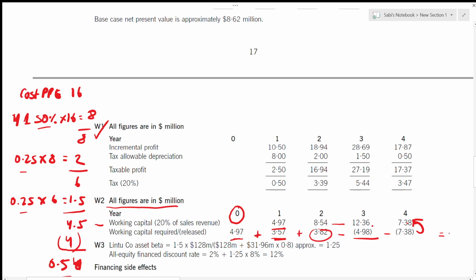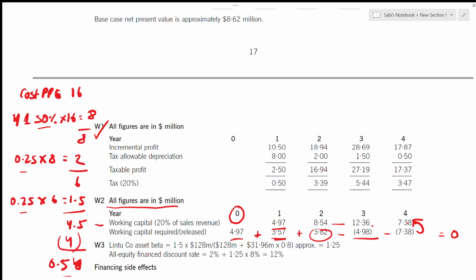Finally, you should be getting 0, because whatever you are requiring, you are releasing it at the end. So it makes sense that at the end it should be 0. If it is 0, that means your working capital required numbers are correct. You can be sure of that. So this is the way you have to check whether your working capital required is correct or not. At the end, you have to get 0.